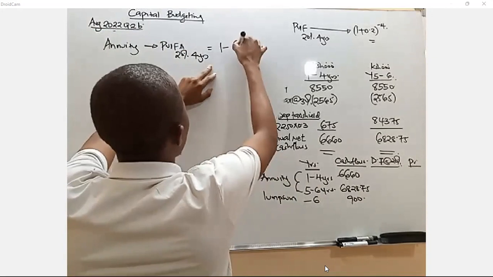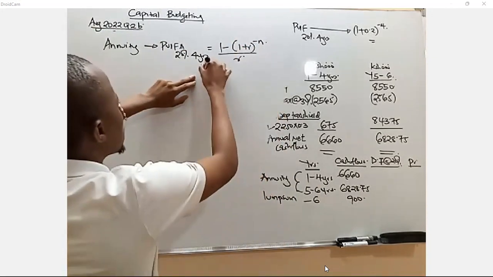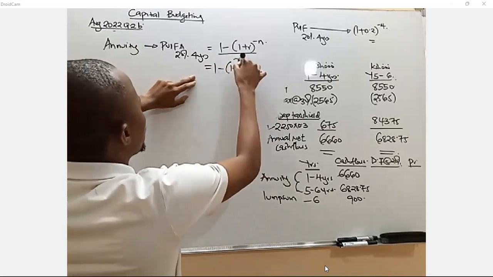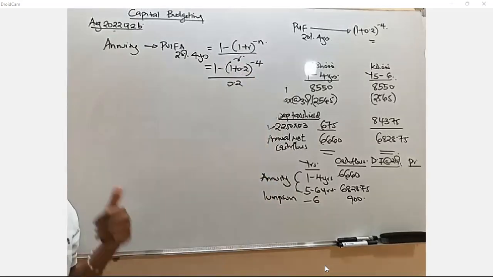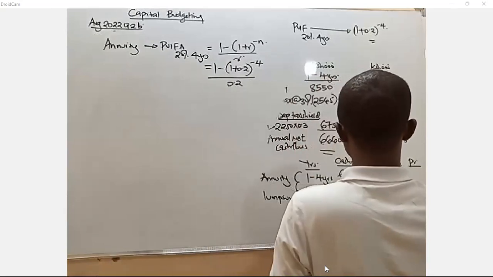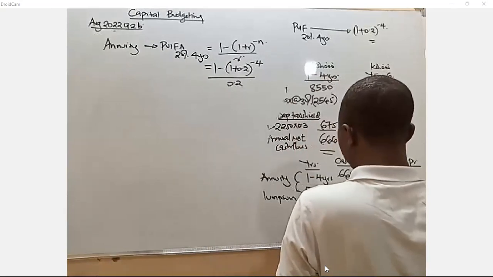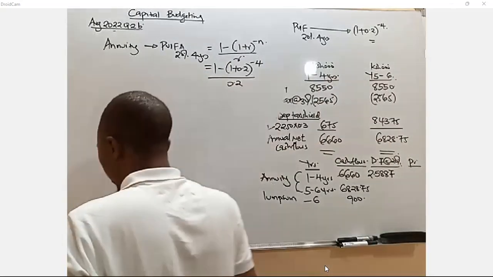It is 1 minus (1 plus R) raised to negative N, divided by R. So in our case, I take 1 minus (1 plus 0.2) raised to power negative 4, divided by 0.2. I start with the brackets and follow BODMAS. It will be 1.2 raised to power negative 4. 1 minus your answer, then you divide it by 0.2, getting around 2.5887.